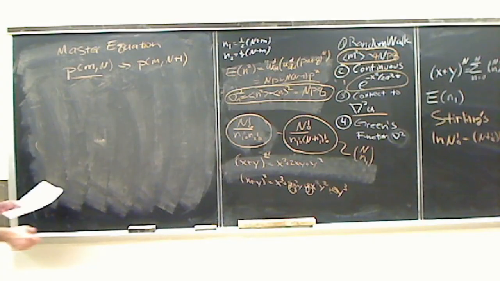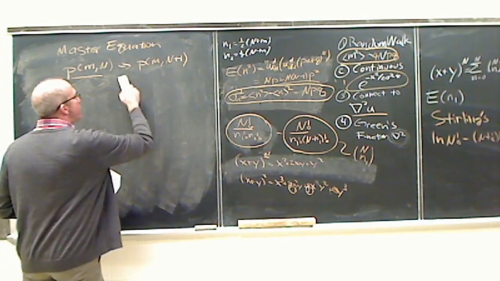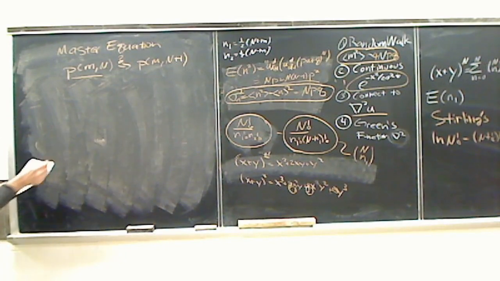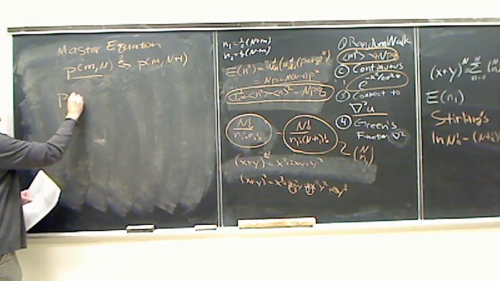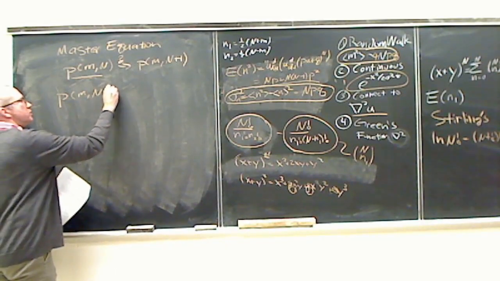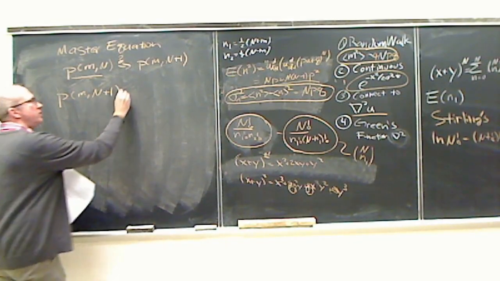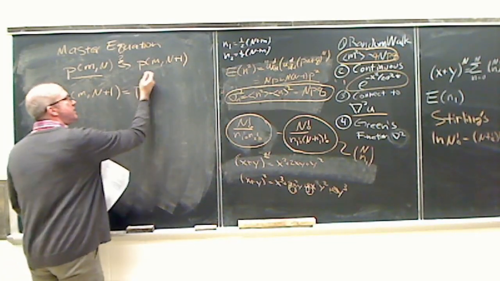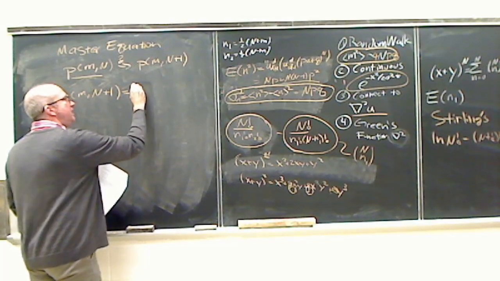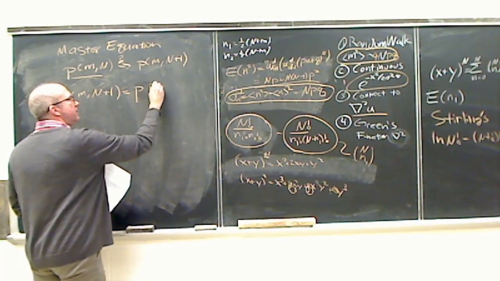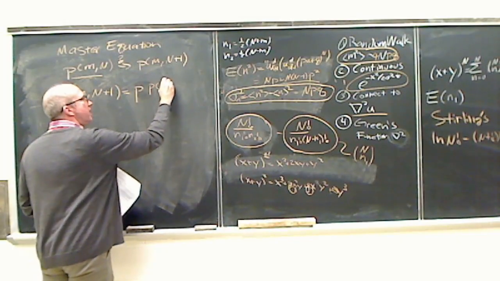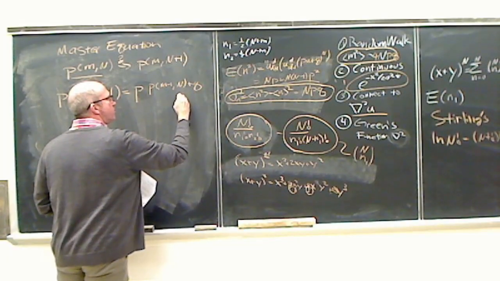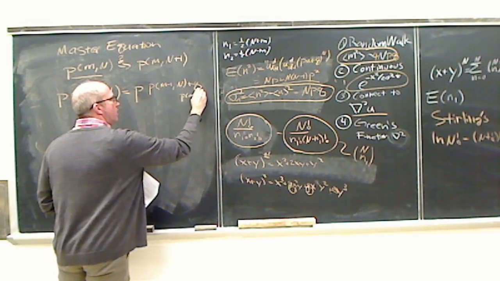This is what I want. So what I can say is that the probability of m, n plus 1 is equal to P times the probability of m minus 1, n plus Q times the probability of m plus 1, n.